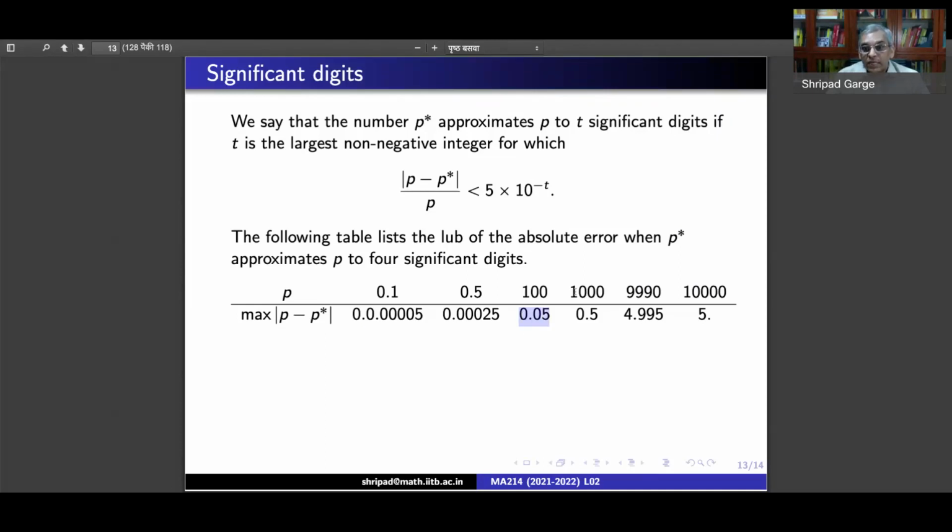If I were to look at 1000, then it is 0.5. If I were to look at 10,000, it is simply 5. So the absolute error changes as the number changes. And here, although the absolute error changes, we still have the same number of significant digits of approximation.